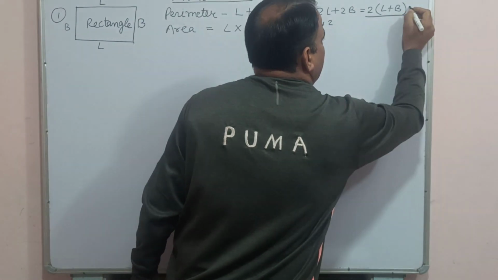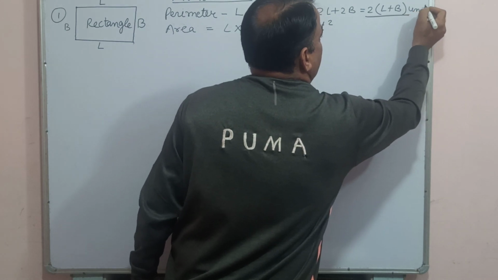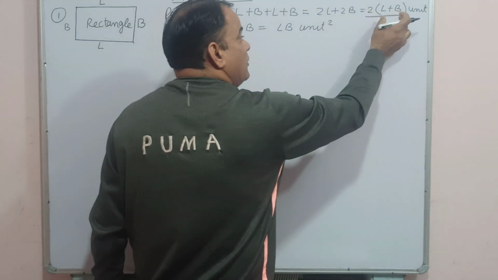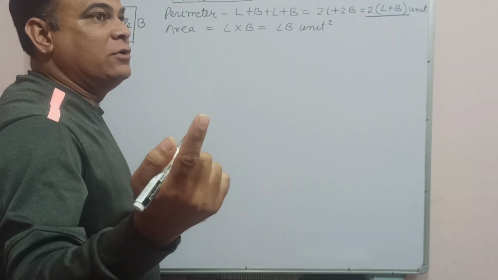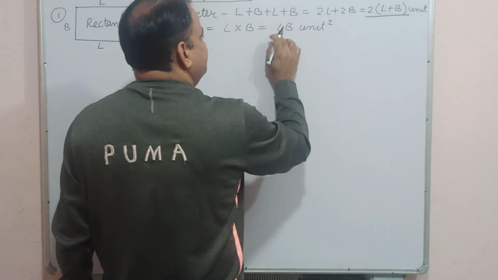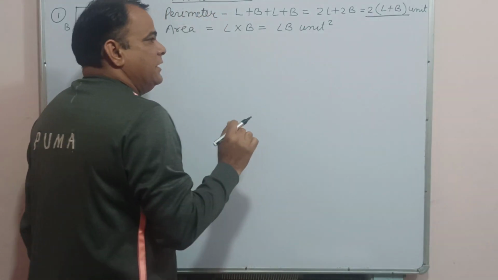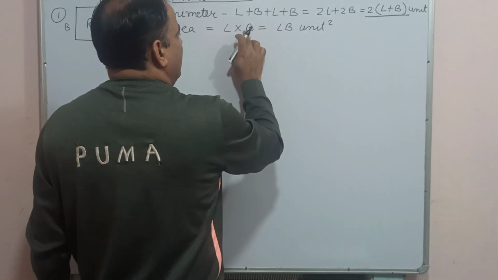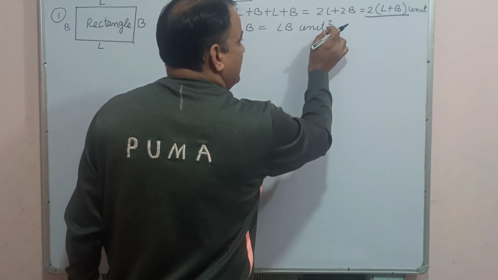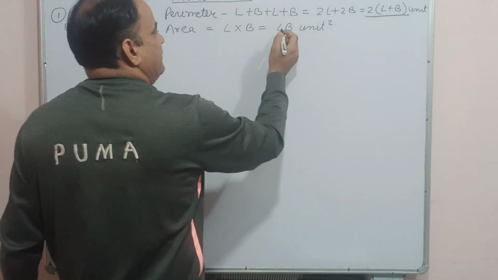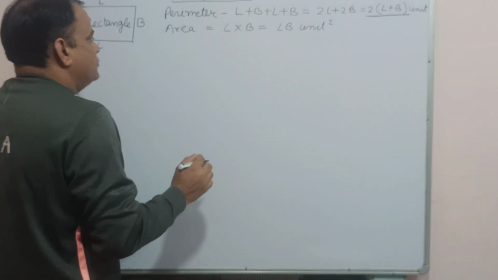Here is only unit because there is the sum of two lengths, so we get one length only, and here is the product of two lengths. It means the length L into B, there are two lengths, so the unit of this LB area equals unit square.